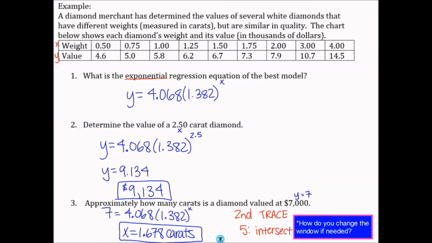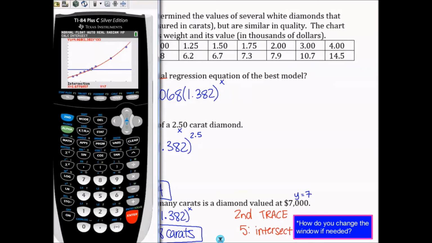Now, this little box over here in the corner says, how do we change the window if needed? Well, sometimes you might not be able to see where the lines intersect. So in that case, you need to zoom out. There are two ways you can do this. You can either click zoom and then zoom out, and then you'd have to hit enter for it to actually zoom out. Or you can go to window. So when we started this problem, we estimated that the answer was somewhere between 1.5 and 1.75.